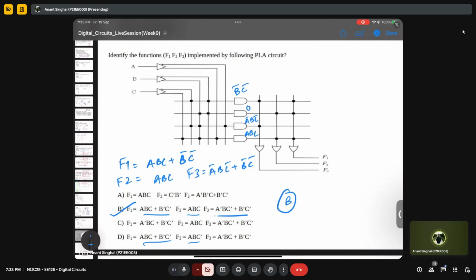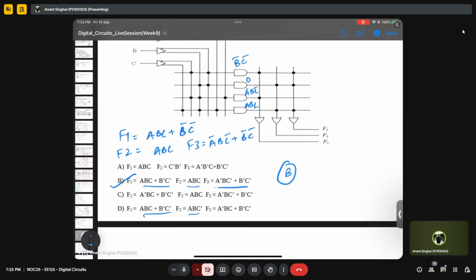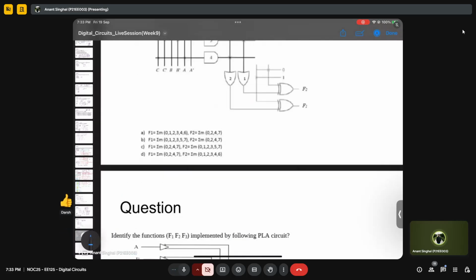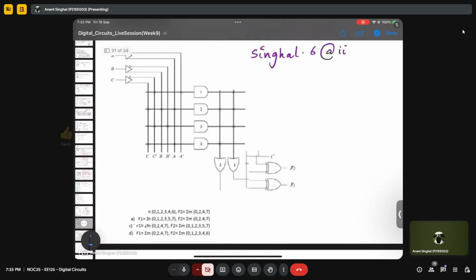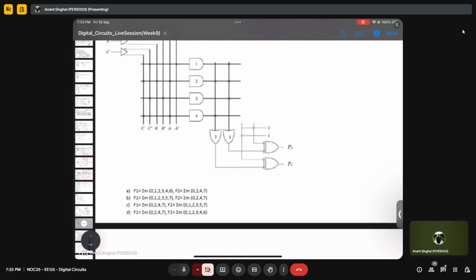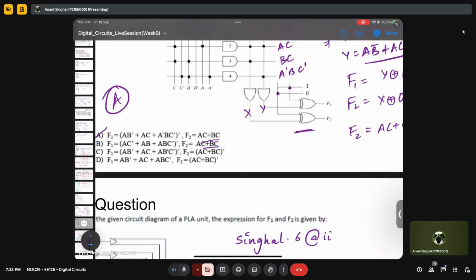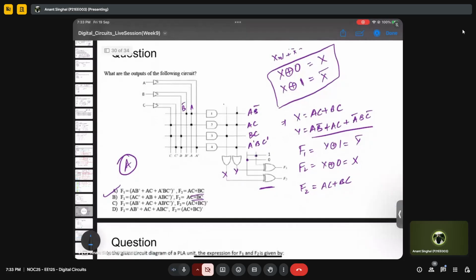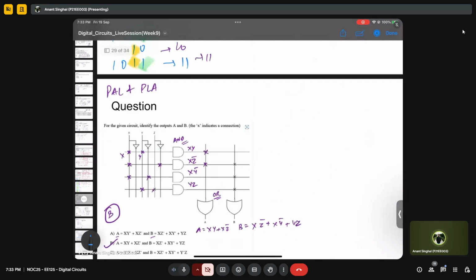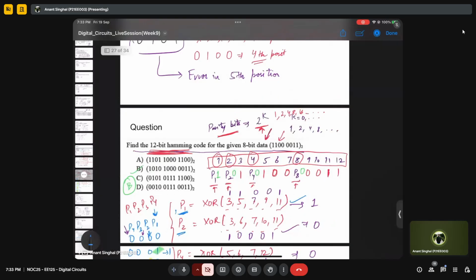Is it clear to everyone? Okay, great. So these are all the major problems that I had for this lecture. This lecture particularly contained the PAL and PLA topics, and one more important topic was Hamming code.